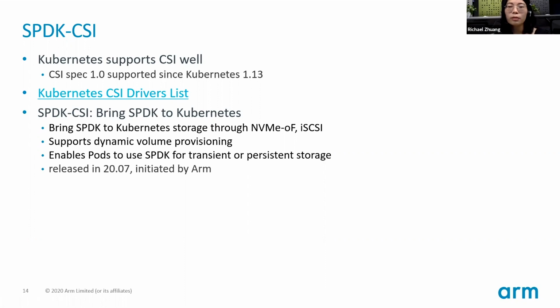It should support dynamic volume provisioning and enable pods to use SPDK storage transparently. The CSI driver will be an executable wrapped inside a container to be deployed in a Kubernetes cluster, and implements the SPDK storage class. This project is initiated by ARM.